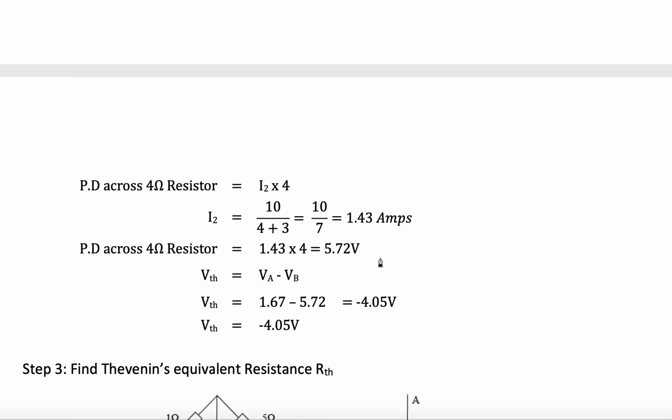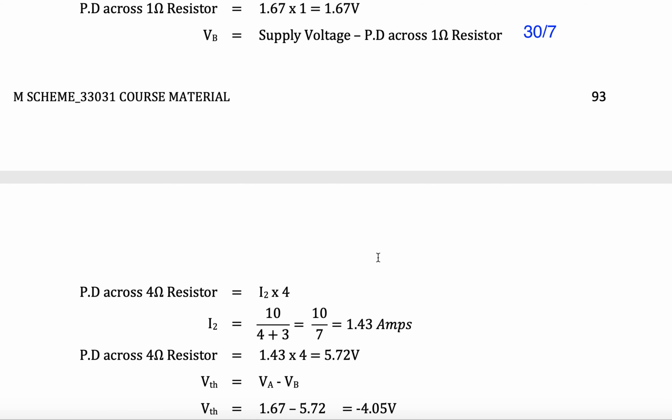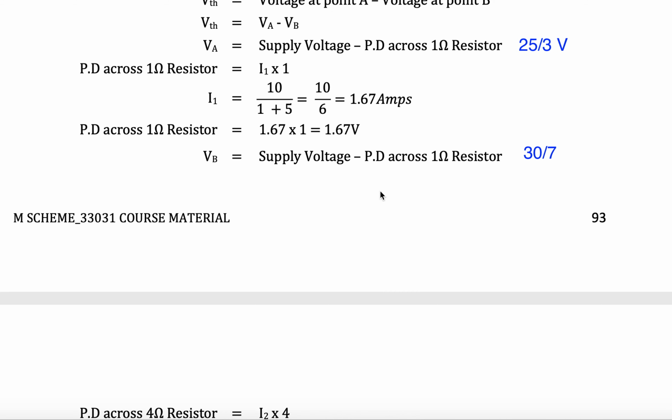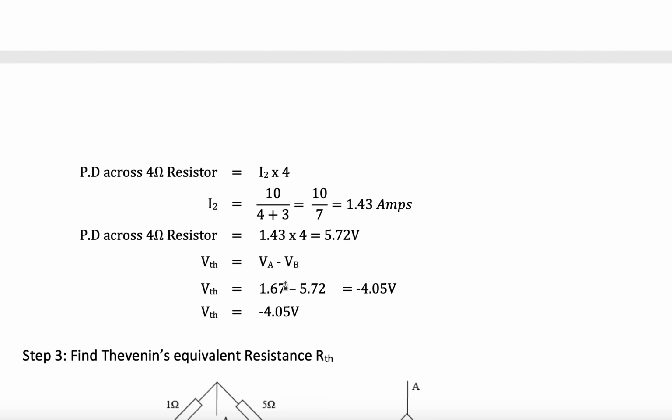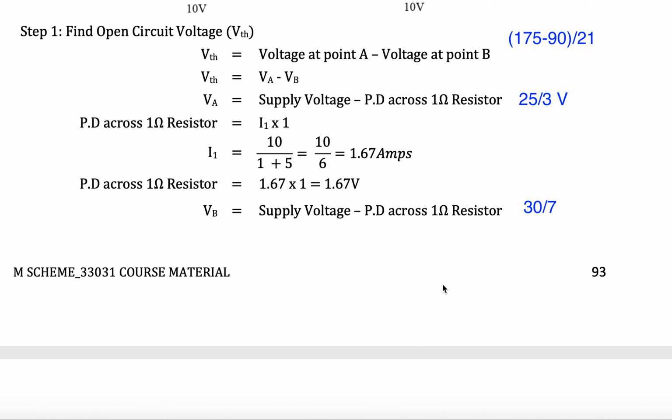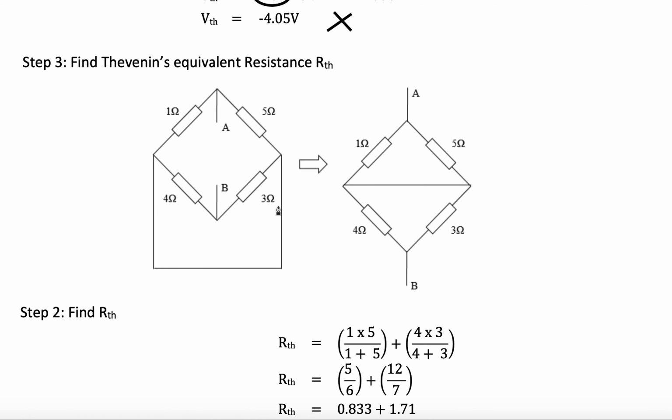VB is 5.72, that is correct. What is the mistake? VA is not 1.67. This is the error. VB is correct. So this is our error. But VTH may be correct.